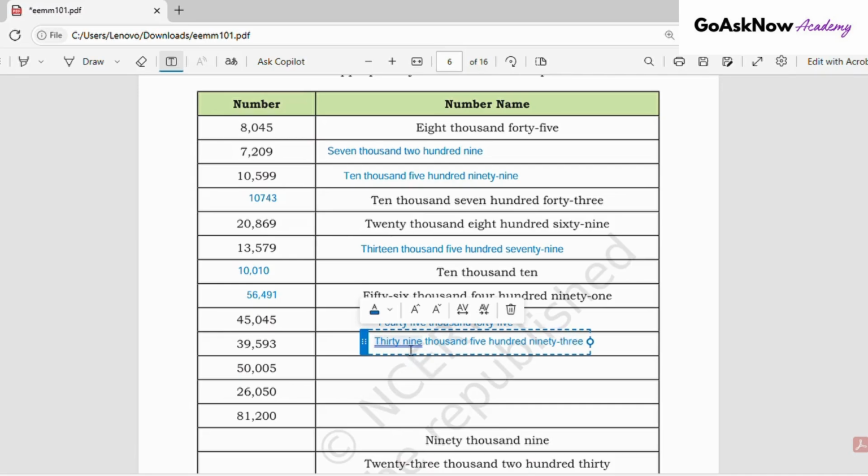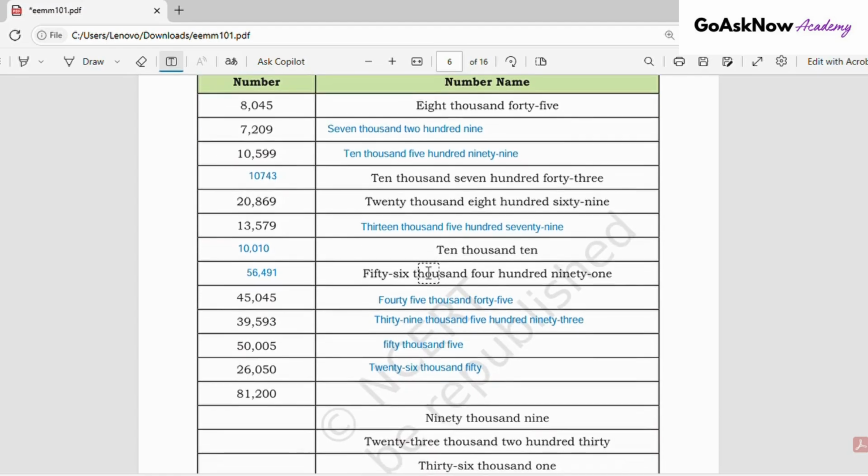193. Here 50,005. Next here 26,050. Here 81,200.